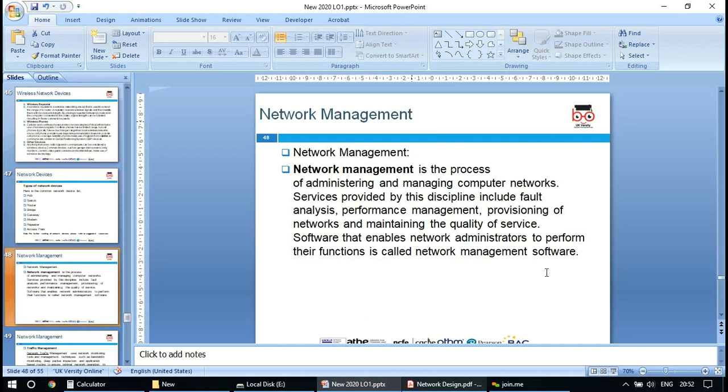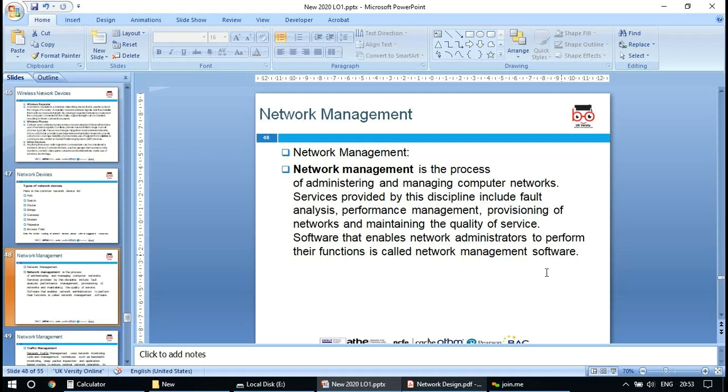Now the last topic is network management, which is the process of administering and managing computer networks. Services provided by this discipline include fault analysis, performance management, provisioning of the networks, and maintaining the quality of service. Software that enables network administrators to perform their functions is called network management software.